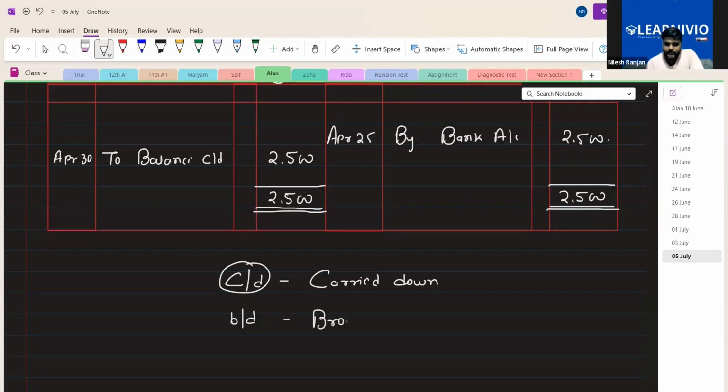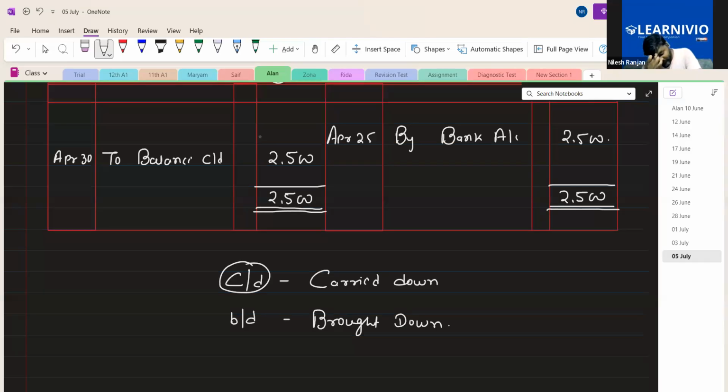Sir, but in the debit side we had 0, right? So how can we carry down 2,500? Okay, 2,500 is the total minus the debit side. We are calculating the balance. We are not writing the debit side total.